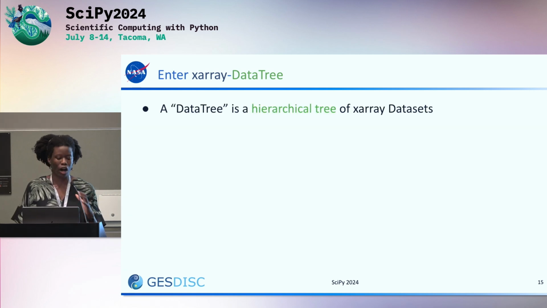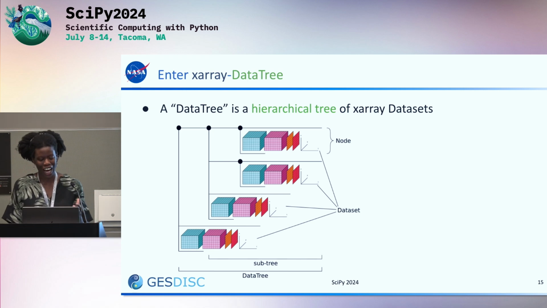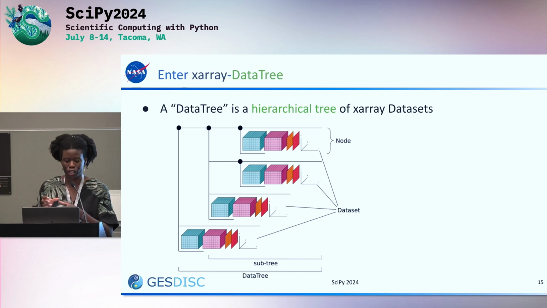So DataTree is a hierarchical tree of Xarray data sets. We're all familiar with this Xarray data set model. We have the variables, the coordinates and our dimensions, and that's all in the data array, and that's packaged into a data set. But with DataTree, each data set is actually a node within the tree, and it's reflected as a subtree.